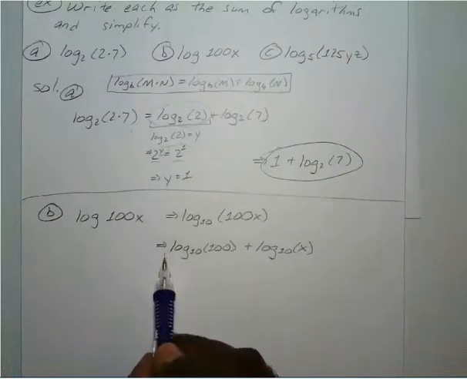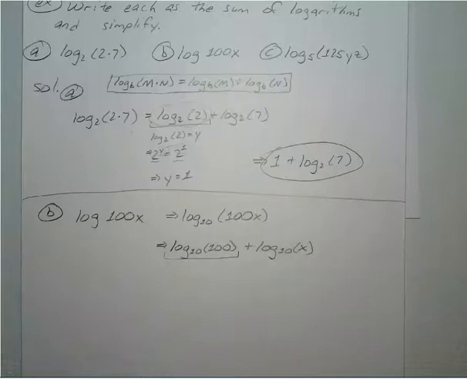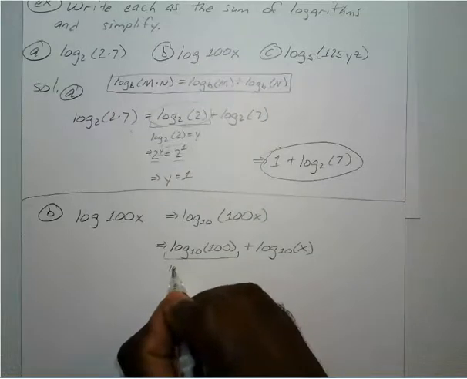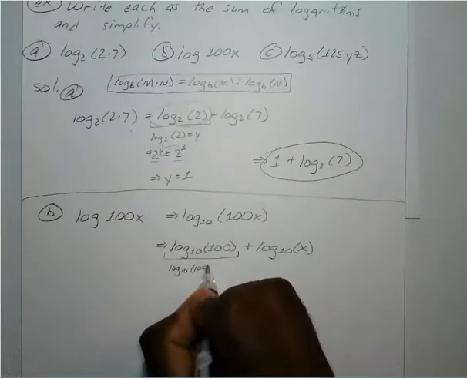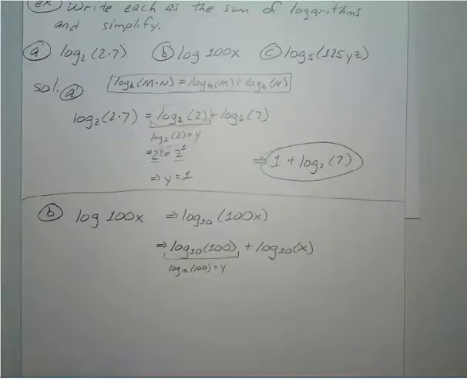You see here, this can actually be simplified. All we have to do is rewrite it: log base 10 of 100 equals y.